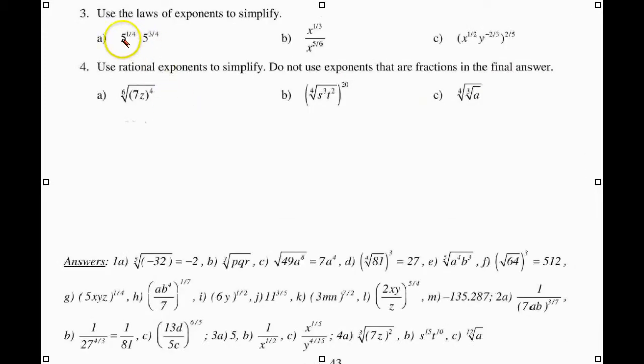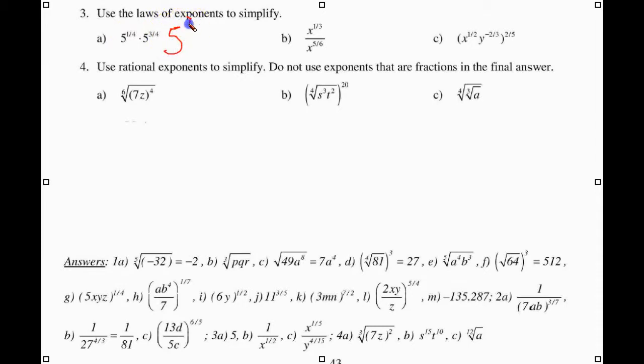Now, another very important use of fractional exponents is to help us simplify them. And the rules of dealing with exponents still work the same here. If we're going to multiply bases that are the same, what do we do to their exponents?